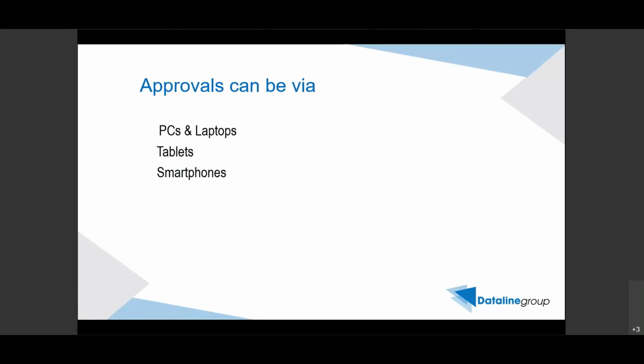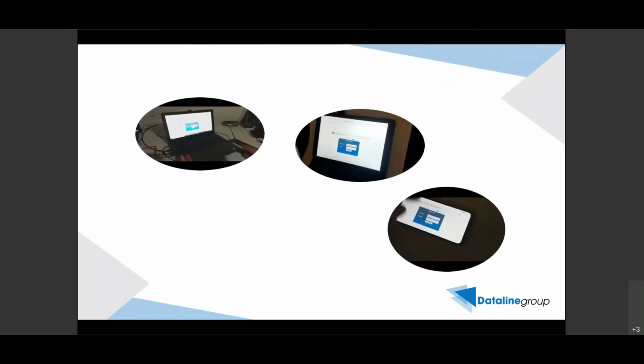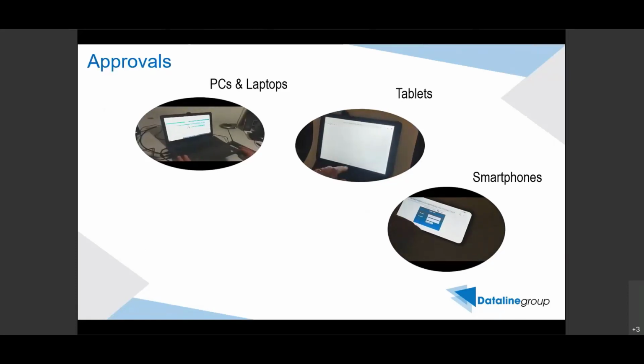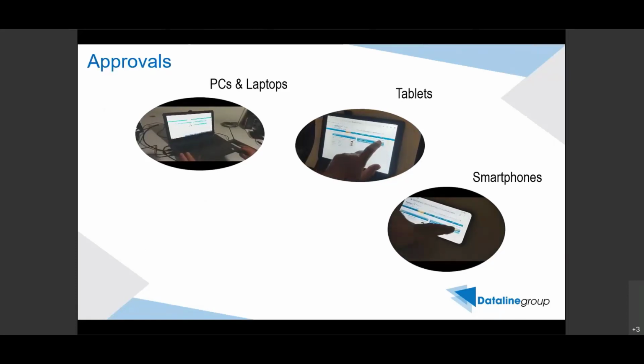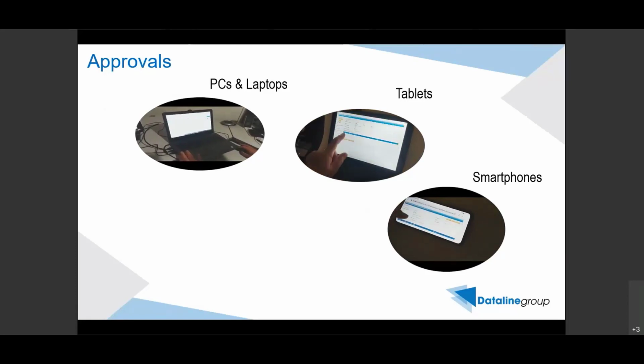And approvals can be done on any device: PCs, tablets, smartphones, and the look and feel is the same. It's a browser-based application, so they would see it as they would normally see it through the browser on those devices. They can look at the image, they can approve the transaction, they can change coding, they can do whatever they're allowed to do, and they can do it through those devices.